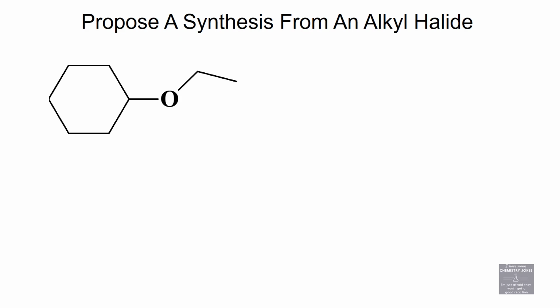Well, let's do one quick synthesis and wrap up this Sn2 shenanigans. This ether could be synthesized by an Sn2 reaction. I could imagine that bond being the bond I'm trying to make.